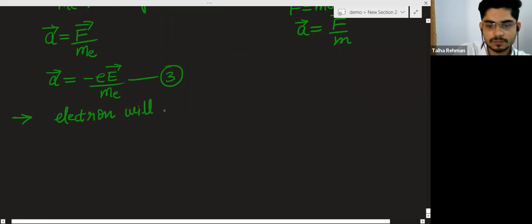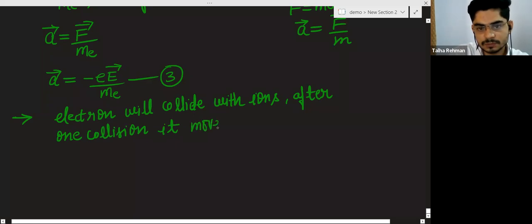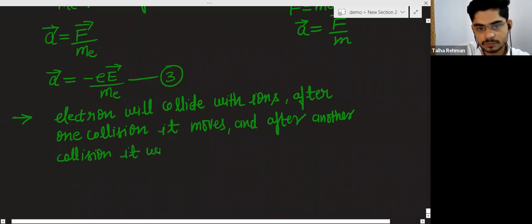Now write down: electron will collide with ions, after one collision it moves, and after another collision will again.